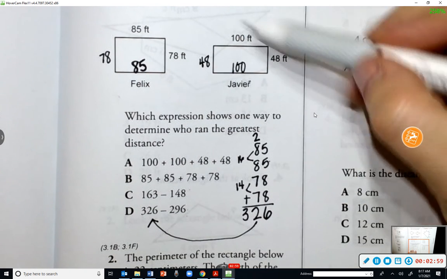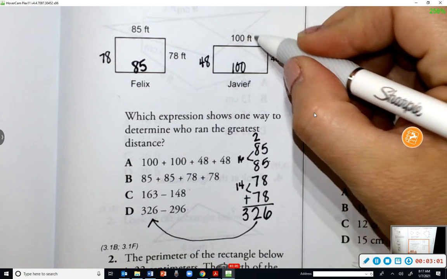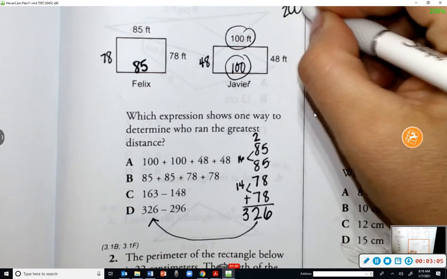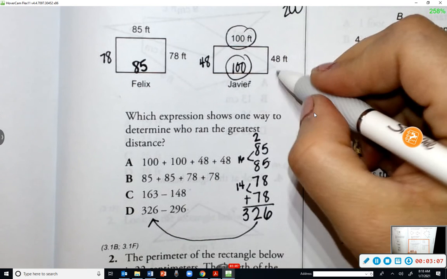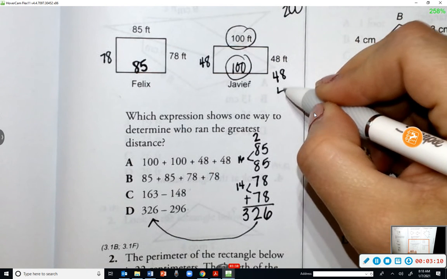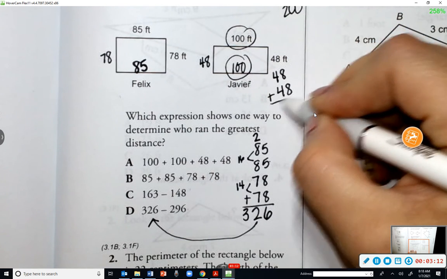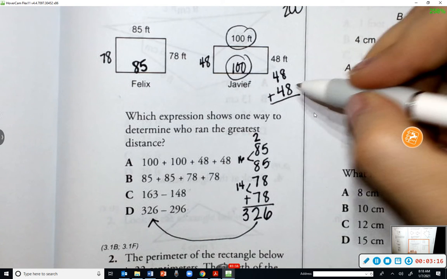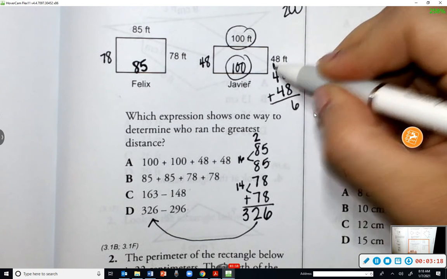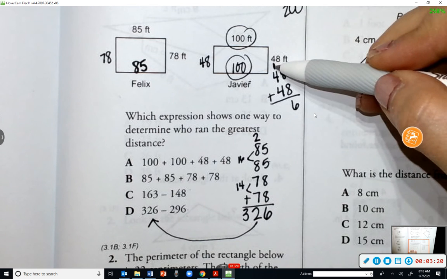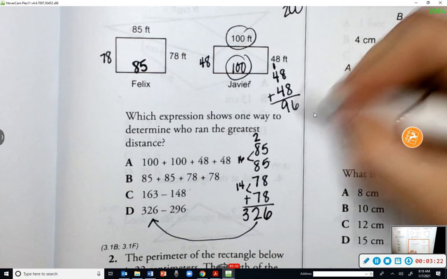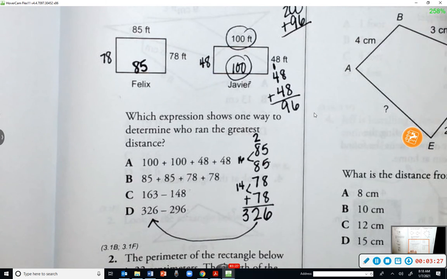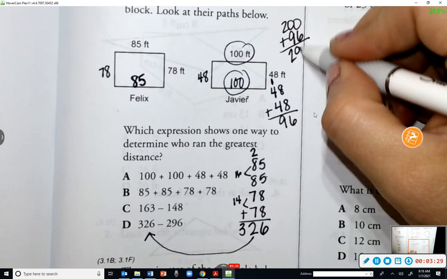So 100 plus 100 is what? 200. Okay, I'm going to add 48 plus 48. 8 plus 8? 16. Carry your 1. 4 plus 4 is 8, plus 1 is 9. Now I need to add that with the 200. 296.